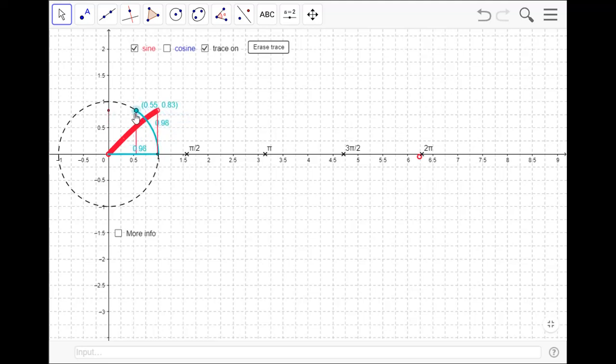The red strip shows the graph of the sine function. When it is pi by 2, it is 1. Later the value of the sine function decreases. When it is pi, the sine function will become 0.